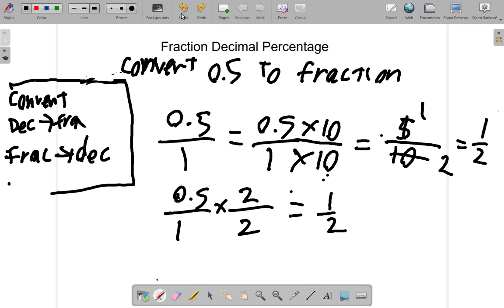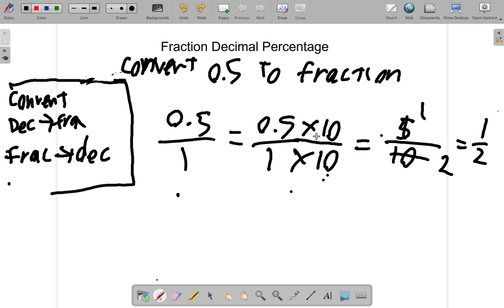Alright? But this rule of multiplying by 10 applies generally. Suppose it was 0.05 that you should convert to a fraction. What would you do? What would you multiply this by to get a whole number?